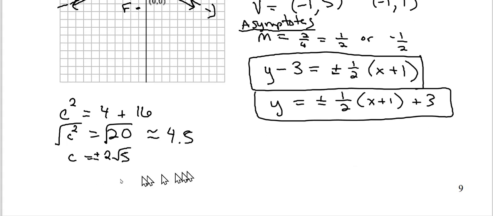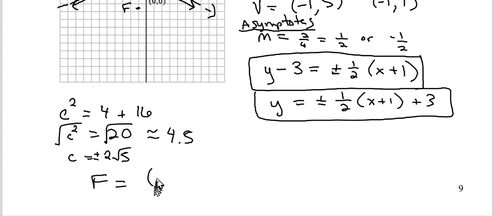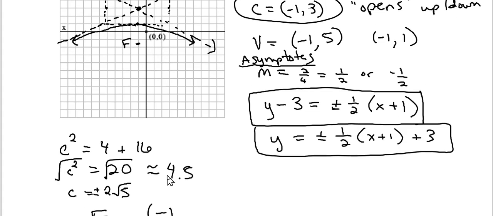Let's find the actual ordered pairs. If we're going up and down from the center, the x coordinate is not going to change from the center. From the 3, I am going up a distance of the square root of 20.